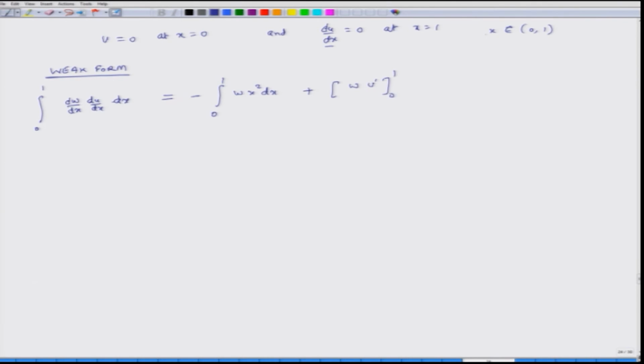I can expand this by breaking it up into two parts, one at value at 1, one at value at 0. So, that is what I will do. So, at 1 and then minus w u prime at 0, and we know that u is equal to 0 when x is 0.